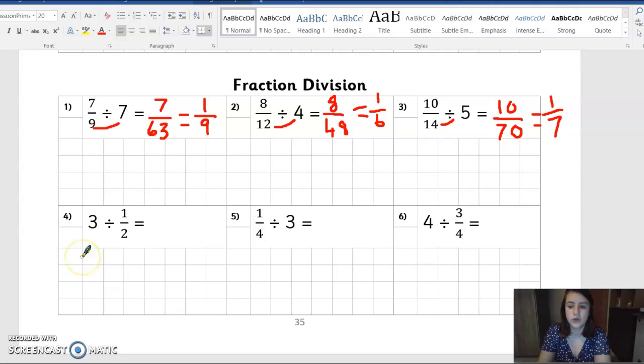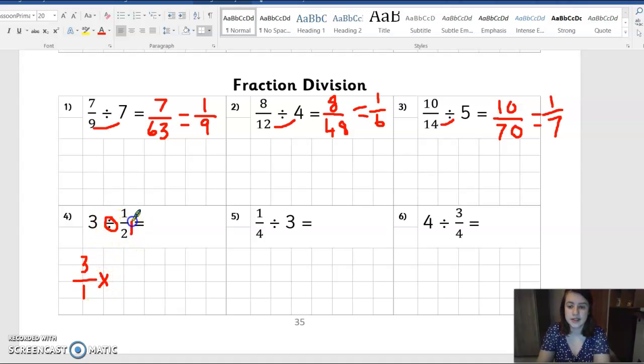So the rule for this one is we put our 3 over our 1, because 3 wholes is the same as 3 ones, and we know this. The division actually turns into the times, because we are sharing this out between half, and half is going to be smaller than a whole, so it's actually timesing because we're getting bigger really than not smaller.